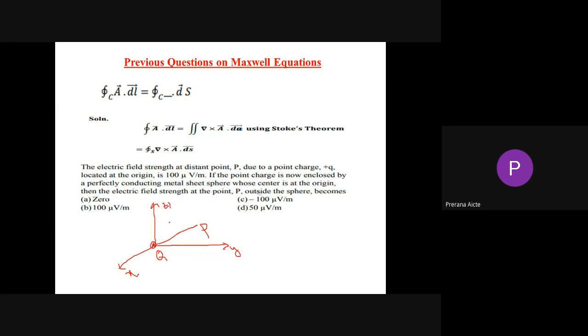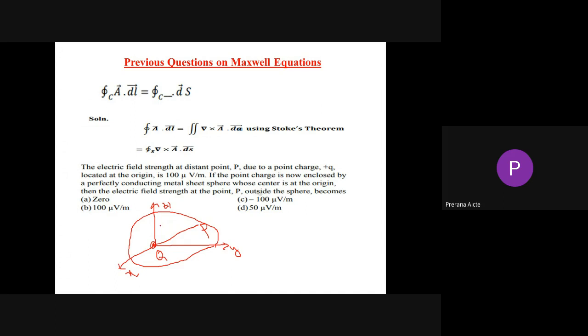Now what they are asking is the field strength outside the sphere, at a point P. Then what is the electric field outside this sphere?